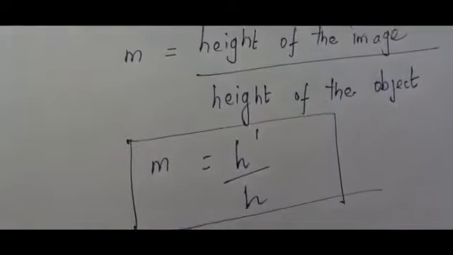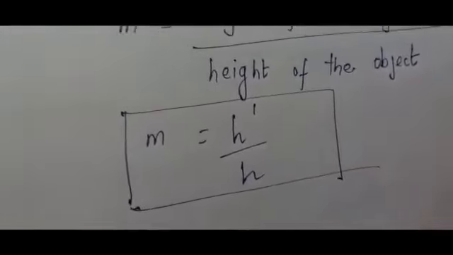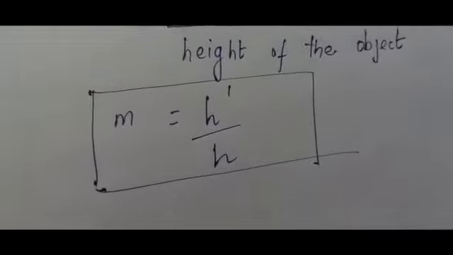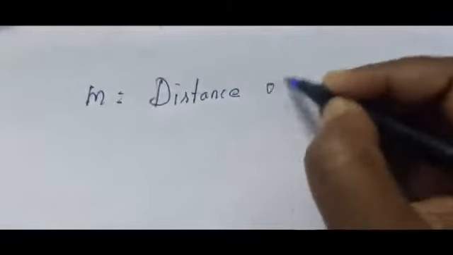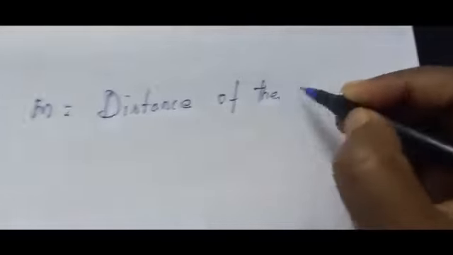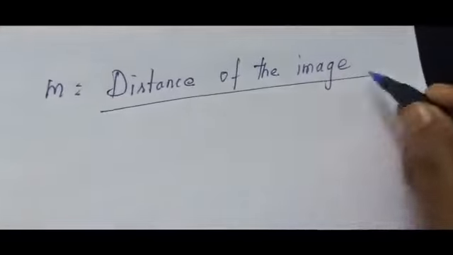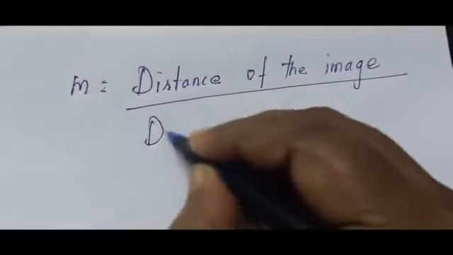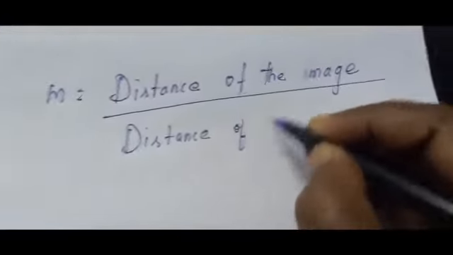Also, it is related to the distance of the object and image. So as follows, M equal to distance of the image divided by distance of the object.